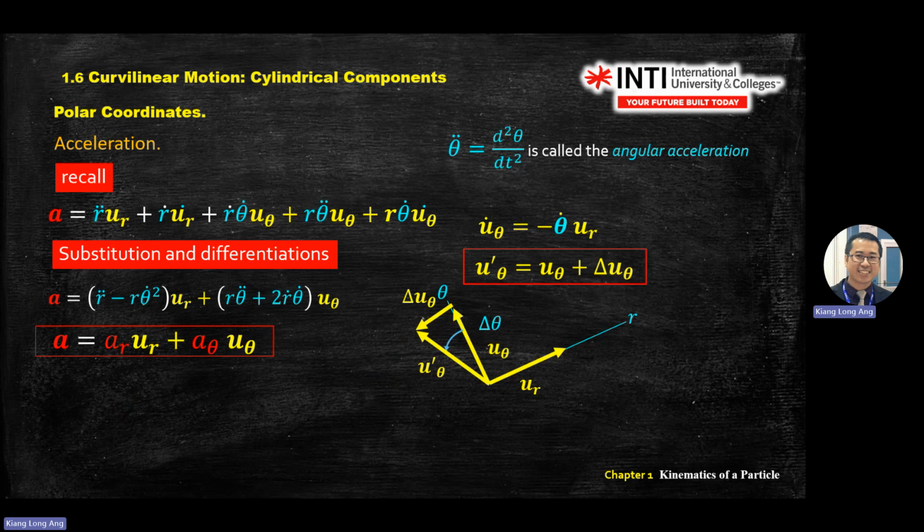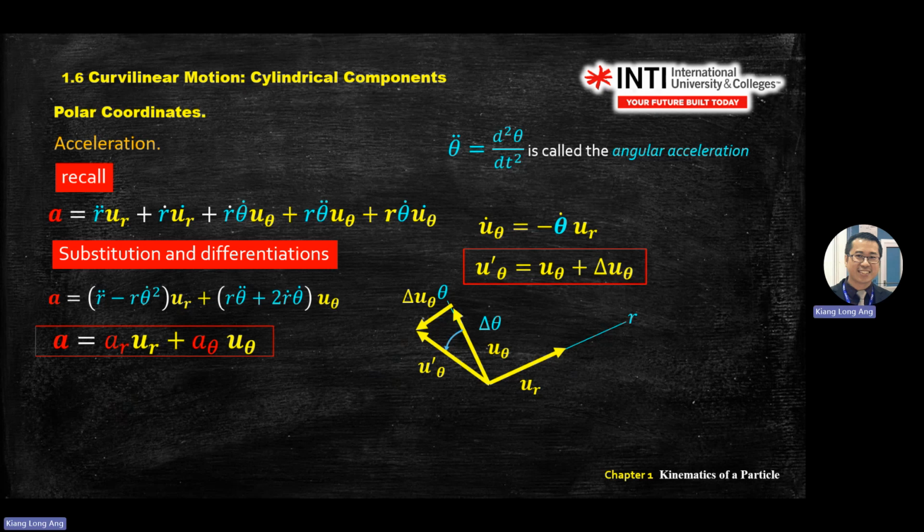The first one, R double dot, means you double differentiate the R equation, then minus R, you copy the equation, times theta dot squared. Theta dot means you have a theta equation, you differentiate it one time, and then you square it. Plus R theta double dot plus 2 R dot theta dot, U theta.